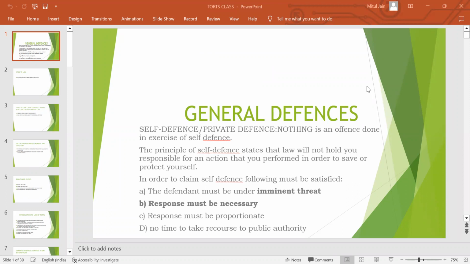Now, if we discussed certain cases as well in injuria sine damnum, did we? Yes or no, class? Okay. So what are the cases of injuria sine damnum, Komal?